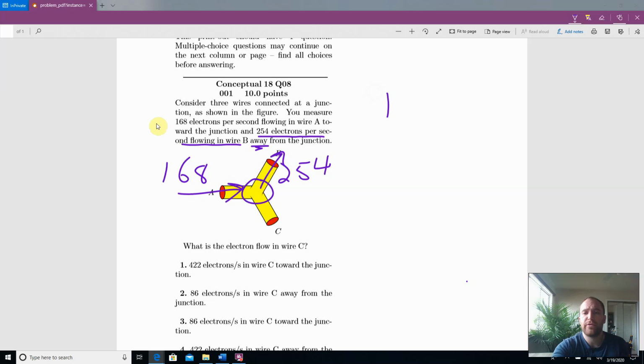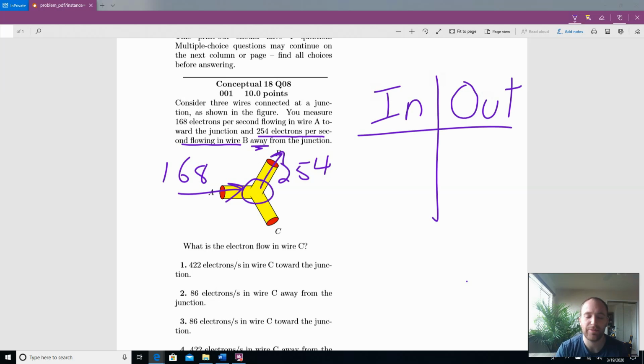So I'm just going to organize myself here. I'm going to write in the current that goes in, and the current that goes out. And I know there's not a ton of different numbers here, but I'm just going to go through the whole process anyway. So that 168 that's along here, I would characterize as going into this junction, or into this intersection.